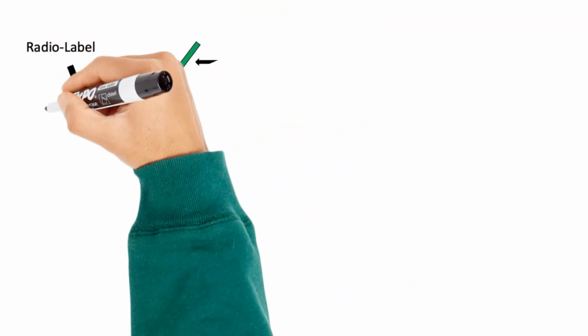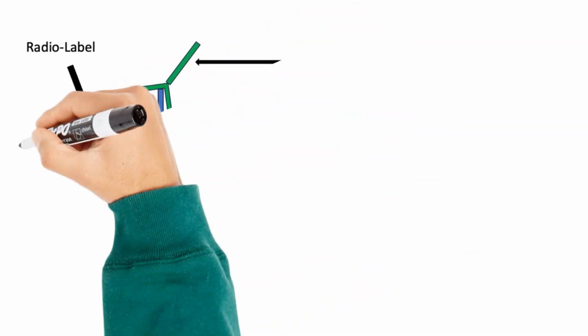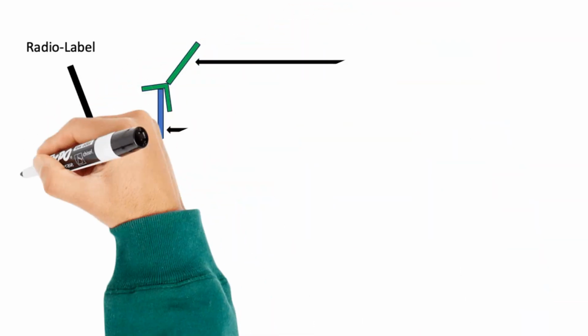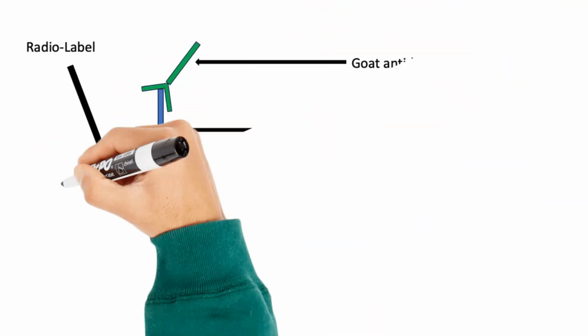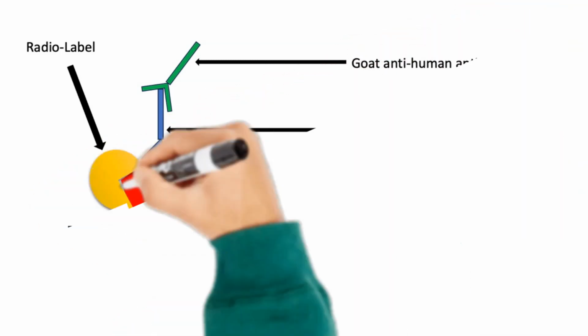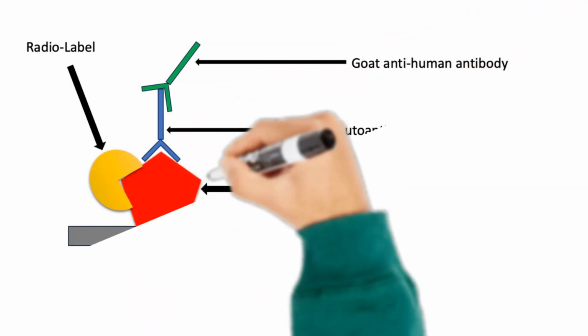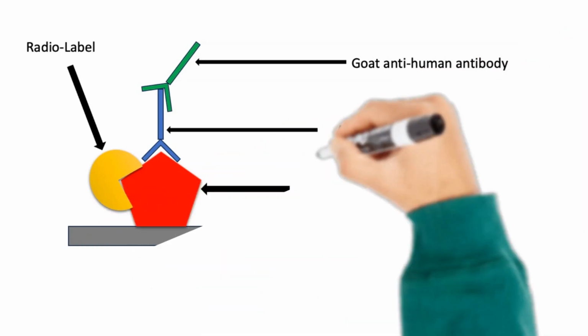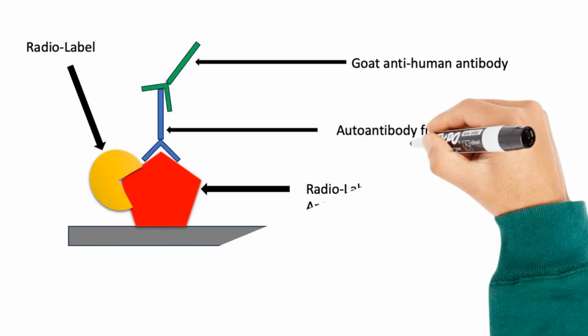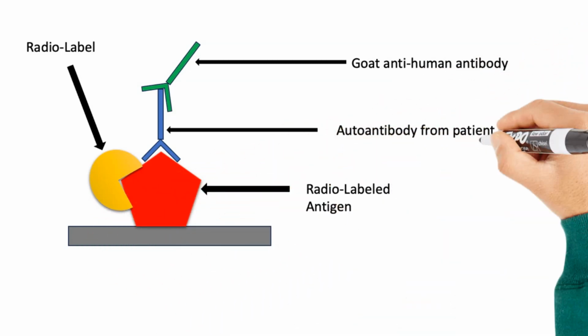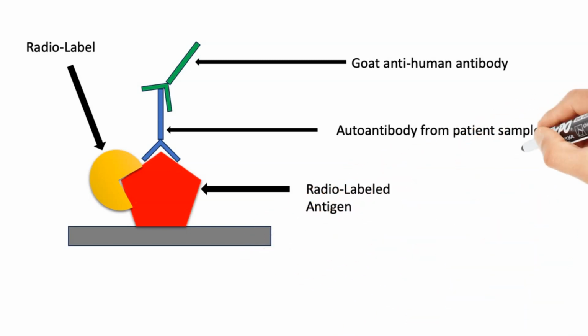Radioimmunoassay. It's a variation of the standard radioimmunoassay developed to measure antibodies and referred to as radioligand binding assay or RBA. This method uses radio-labeled recombinant human antigens such as insulin, glutamic acid decarboxylase, insulinoma-associated protein 2, or zinc transporter 8 to incubate with the patient's serum sample.